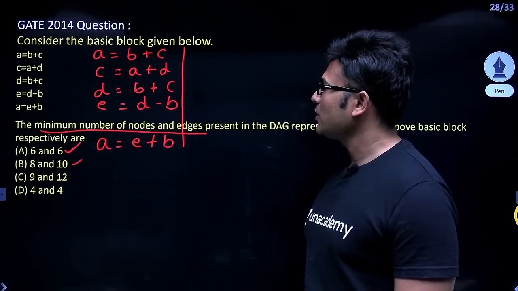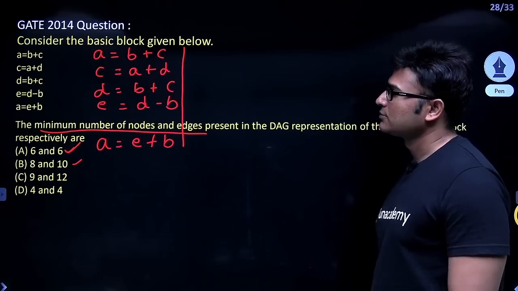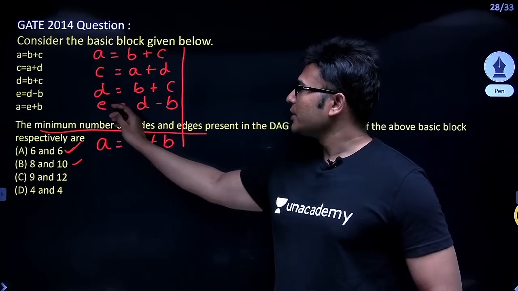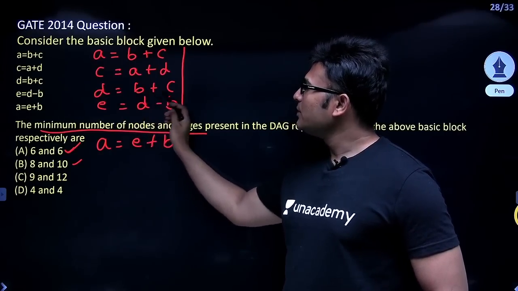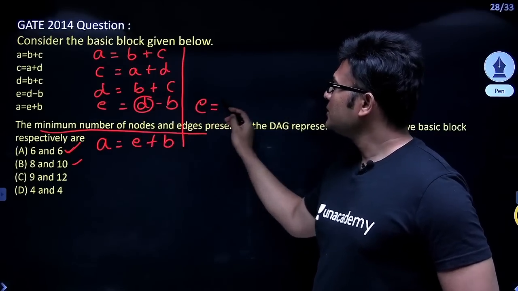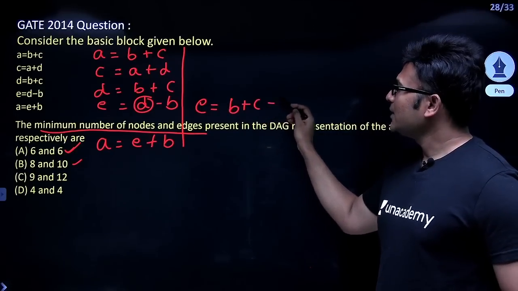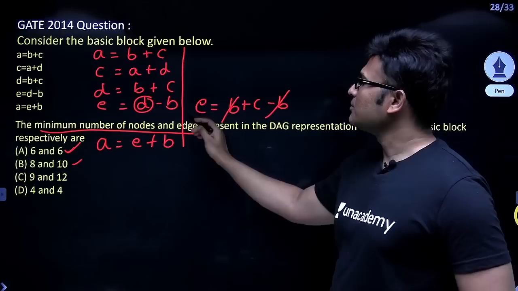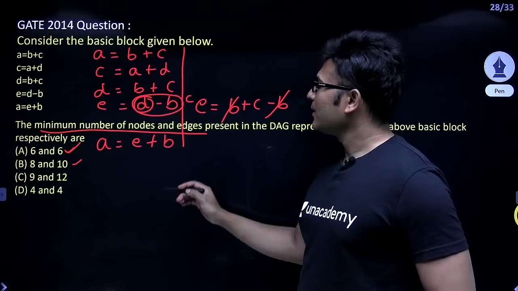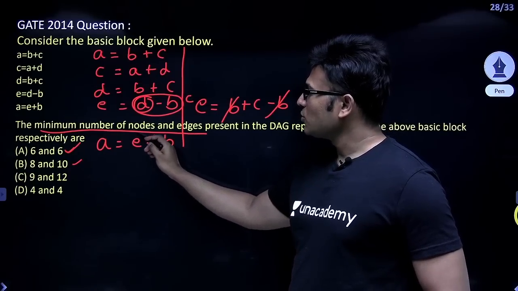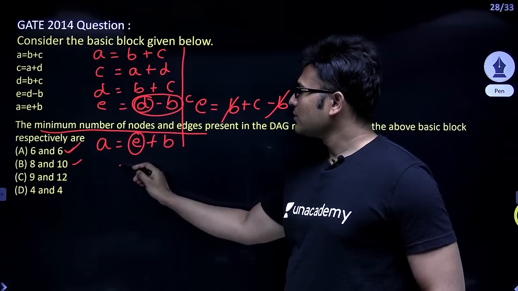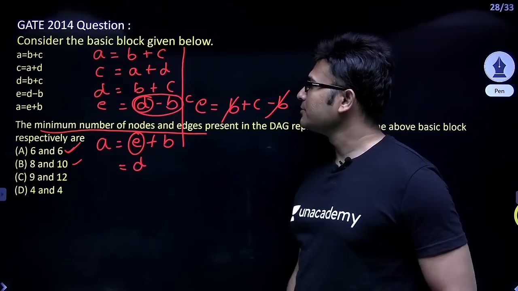In order to get that answer, they have substituted the value of D equal to B plus C. In E equal to D minus B, it means B plus C minus B, therefore E has become C. And similarly in the case of A equal to E plus B, they have substituted E equal to D minus B, then you are going to get A equal to D, right?